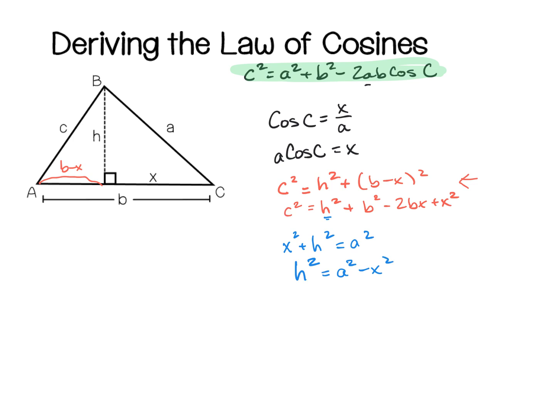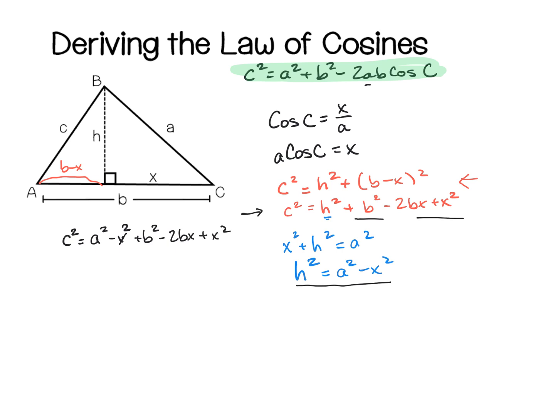I'm going to go back up to this right here, and I'm going to substitute in for h squared. I'm going to substitute in a squared minus x squared. So I would have c squared equals, instead of h squared, a squared minus x squared. Now I'm just going to rewrite the rest. Plus b squared minus 2bx plus x squared.